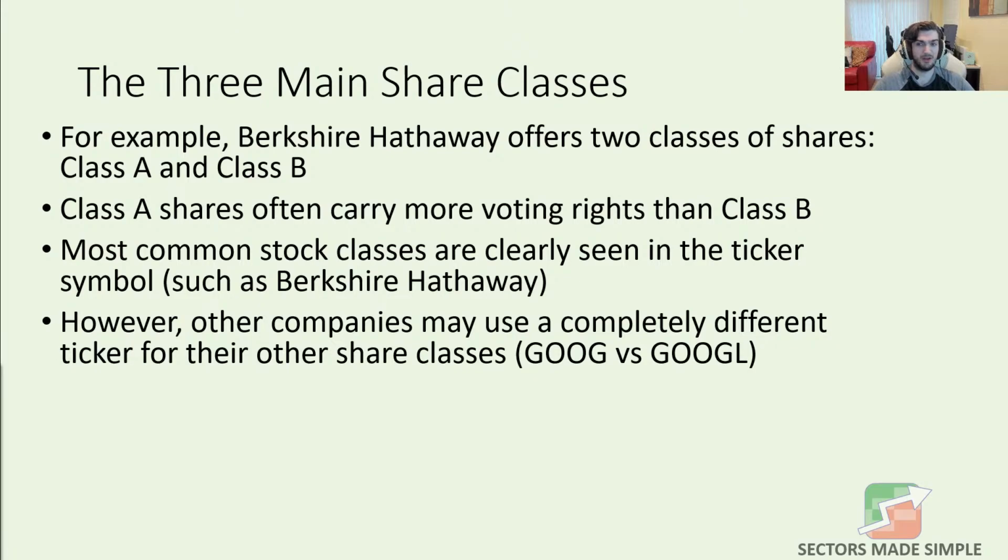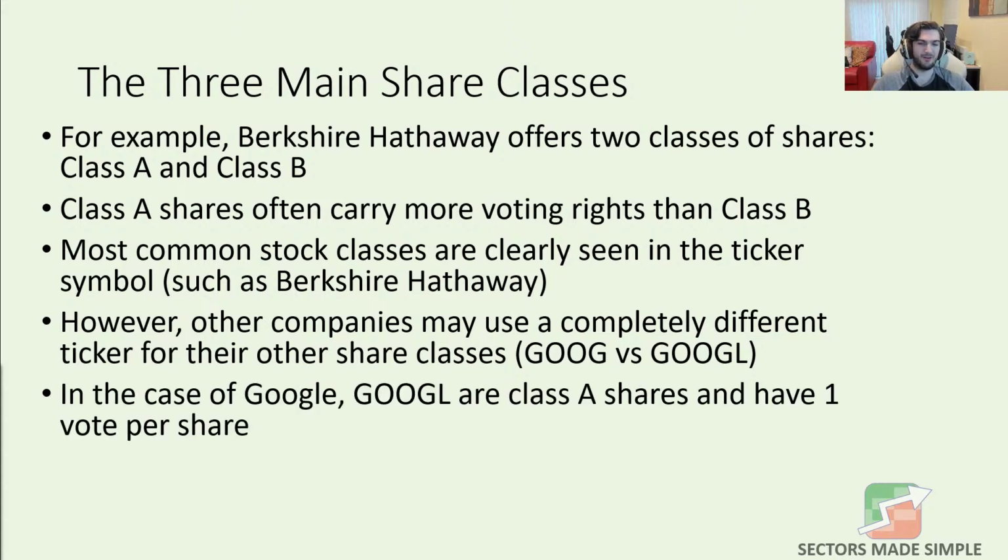Now, other companies, instead of using a .A, .B, .C, will just use a completely different ticker symbol for their other share classes. Have you ever wondered why Google has 2 tickers, GOOG and GOOGL? Now you know. It's because they have different share classes.